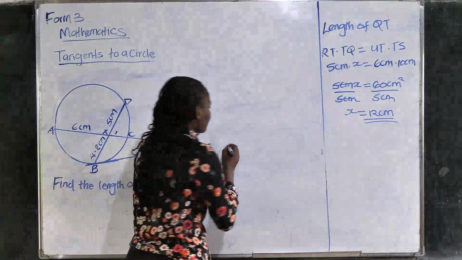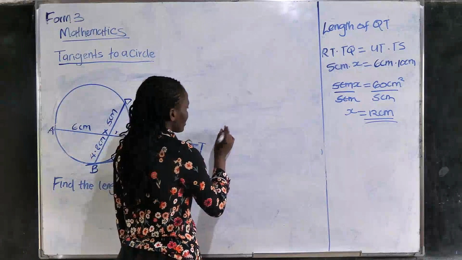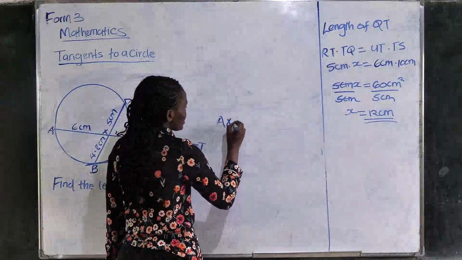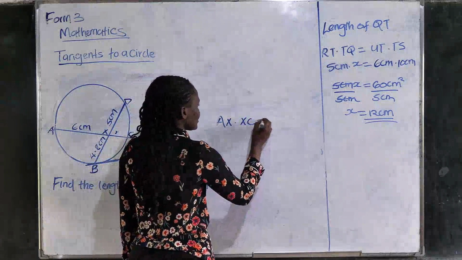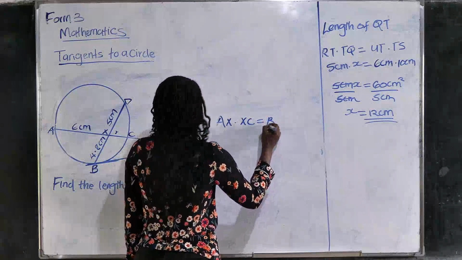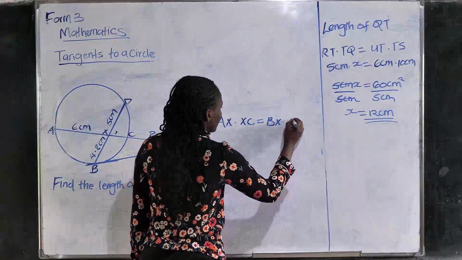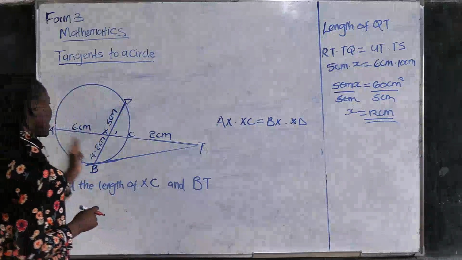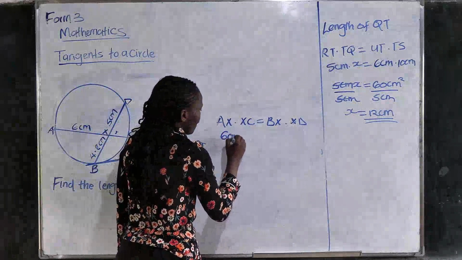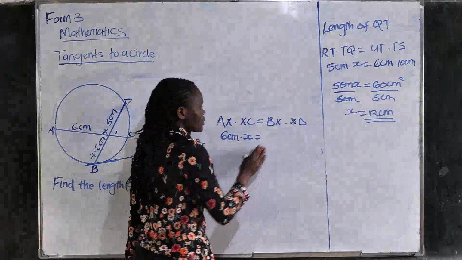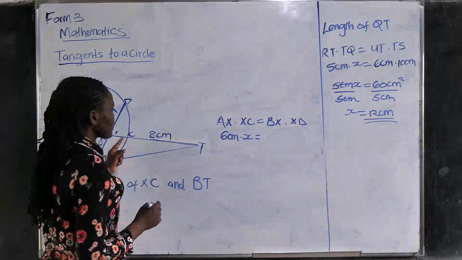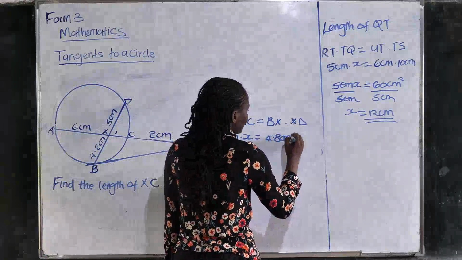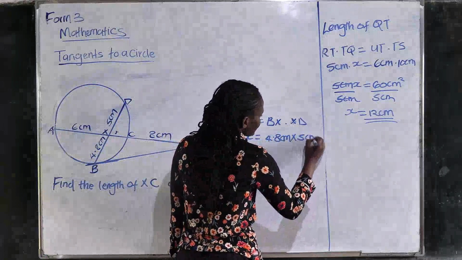So AX times XC is equal to BX times XD. AX is 6 centimeter times X is equal to BX, 4.8 centimeter times 5 centimeter.